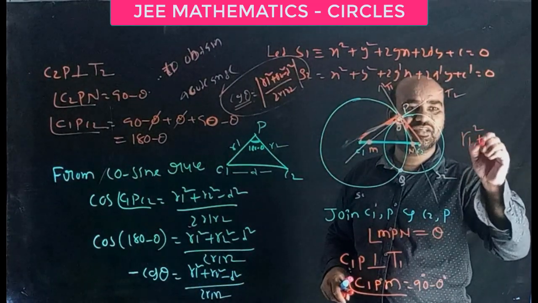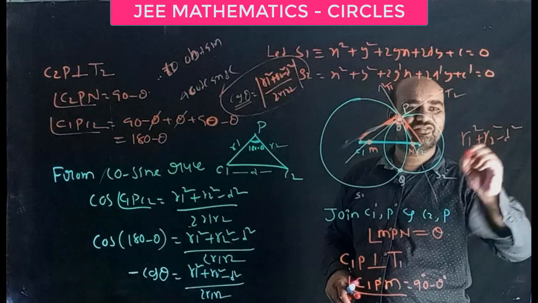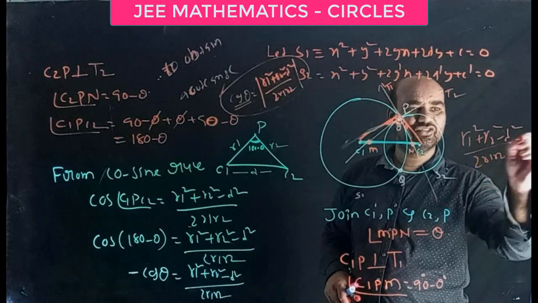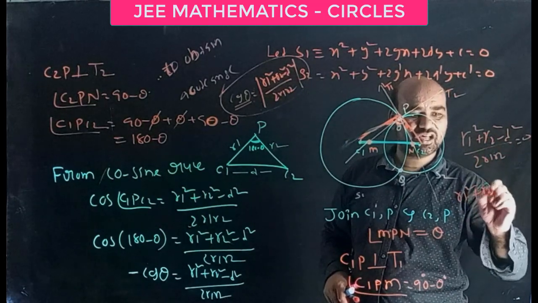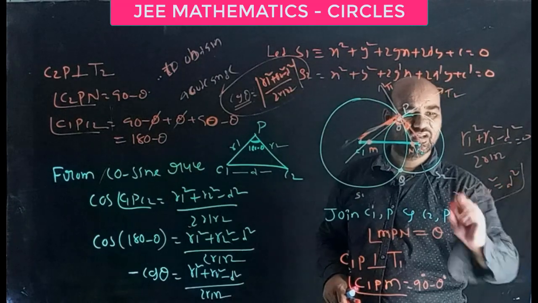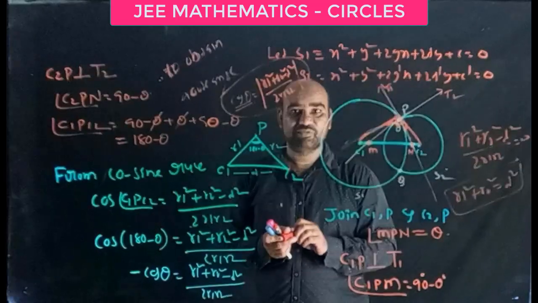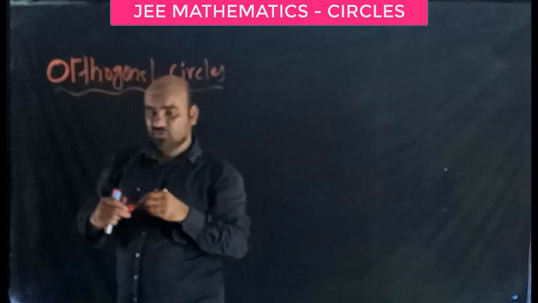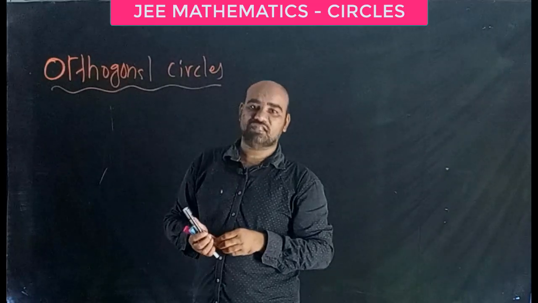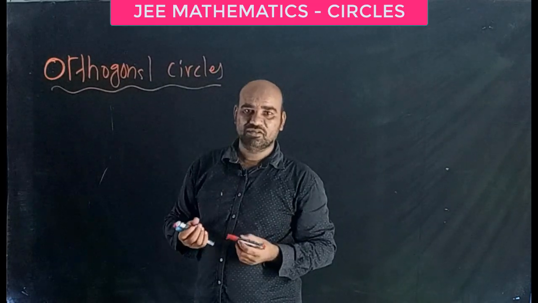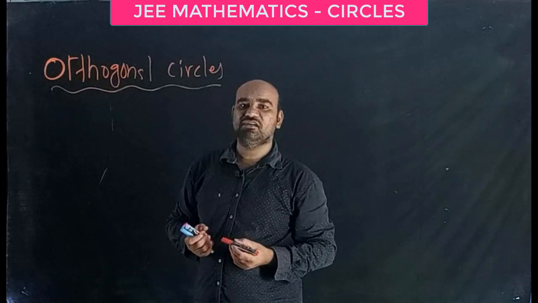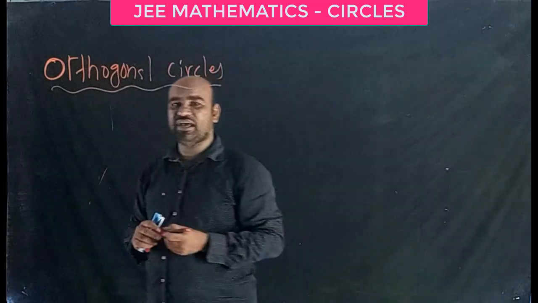R1 square plus R2 square minus D square by 2R1R2 equals 0, means R1 square plus R2 square equals D square. Under this condition, the circles become orthogonal circles. If the angle between two intersecting circles is 90 degrees, then they are said to be orthogonal.